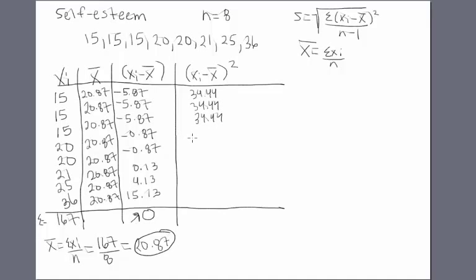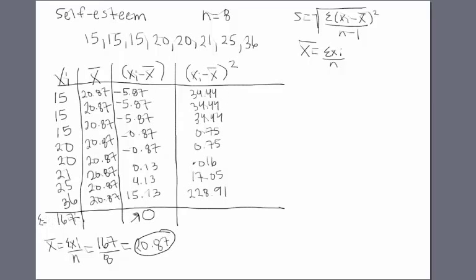And then negative 0.87 squared is 0.75. Again, negative 0.87 squared is 0.75. 0.13 squared is 0.016. 4.13 squared is 17.05. And 15.13 squared is 228.91. Again, I would suggest that you might carry all of these values out 3 decimal places just so you don't have lots of rounding error.